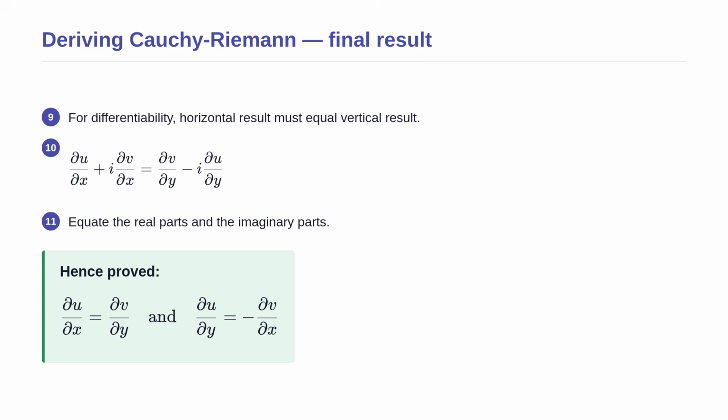By setting the real parts equal to each other and the imaginary parts equal to each other, we directly obtain the Cauchy-Riemann equations. This proves exactly why these specific matching rules are the absolute bare minimum requirement for complex differentiability. The math must agree from all angles, and this derivation shows exactly how that agreement is enforced.